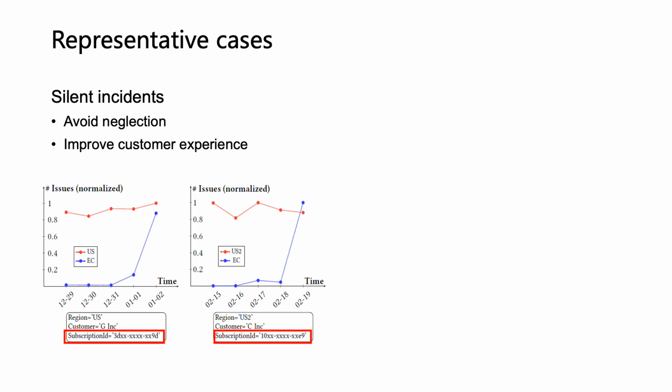However, the effective combinations reported by our approach contain specific subscription IDs, which means specific VMs suffer significant performance degradation. After investigation, our engineers found that the incidents are caused by the improper settings of these VMs. Previously, these incidents could be easily neglected and continuously affect customer experience. Our approach can effectively identify these silent incidents, help them to avoid neglect, and thus improve customer experience.